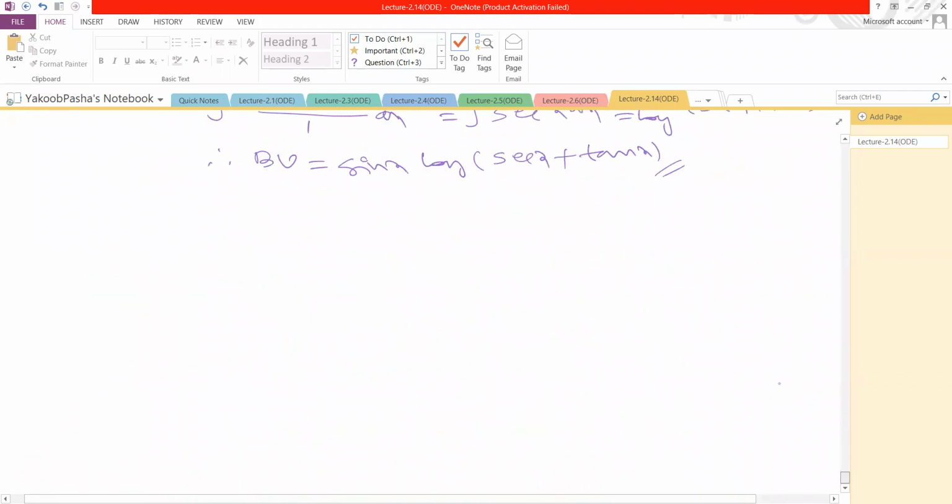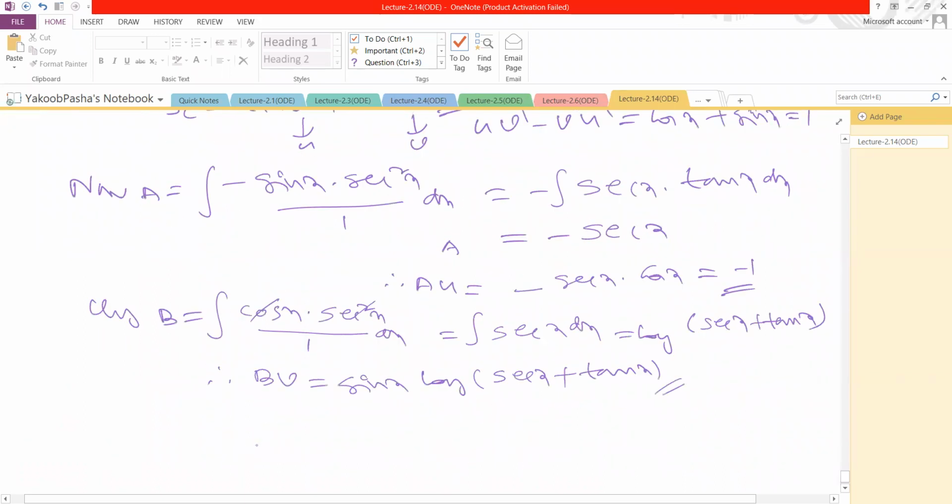Therefore, the particular integral yp is equal to au plus bv, that is equal to sin x, first I am writing the bv value, log of secant x plus tan x, minus, since au value is minus 1, plus minus 1, that is minus.